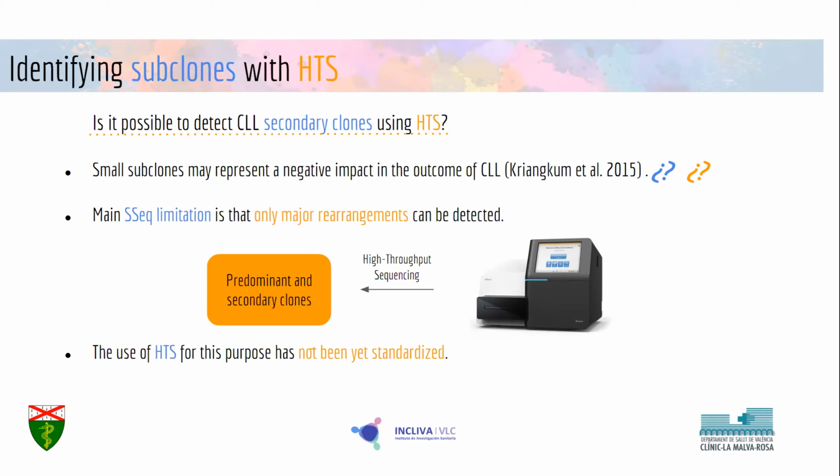But since we have more data than we can manage, it's not yet standardized. So what we are doing currently is to try to find the implication of these subclones, study them using HTS, and find what could be the improvement in clinical practice when we include this subclone characterization.